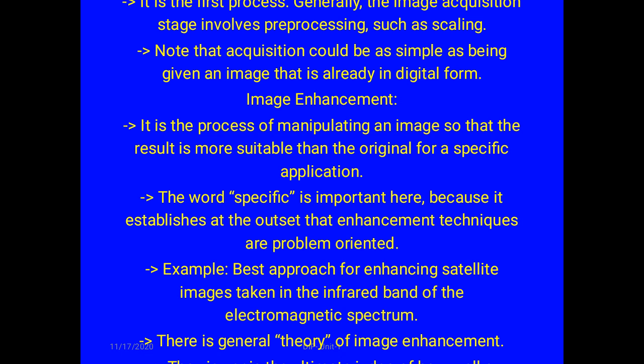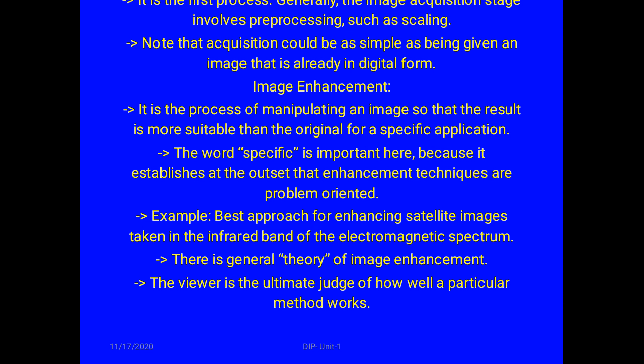So next, the first process is generally image acquisition. Image acquisition generally involves pre-processing and scaling, the process of manipulating the image. Next, image enhancement. Image enhancement means making an image suitable for a specific application.